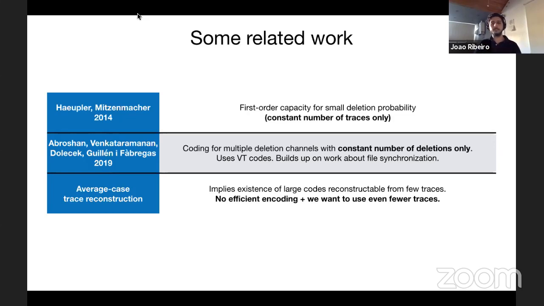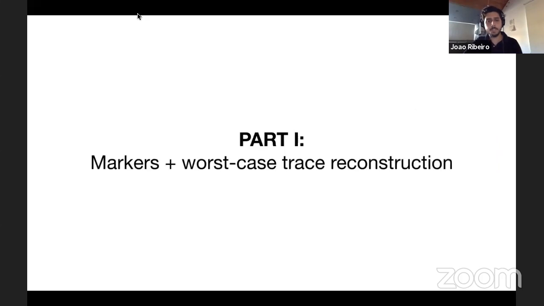Okay, so now I'm going to go over some constructions from our work and also from a very recent work that came after ours. We're going to start slow, and just see what we get if you consider a very simple construction where we combine markers, which are very standard tools for dealing with synchronization errors, with just off-the-shelf worst-case trace reconstruction.